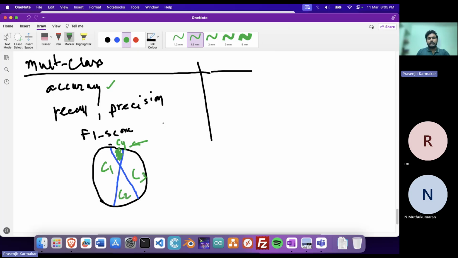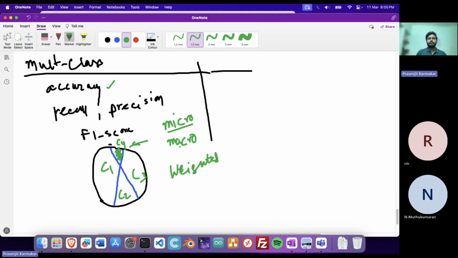So basically there are three methods: micro average, macro average, and weighted. The general method we think about is micro. It's not considering any imbalance in the data set. It's just taking a simple average across all the classes.